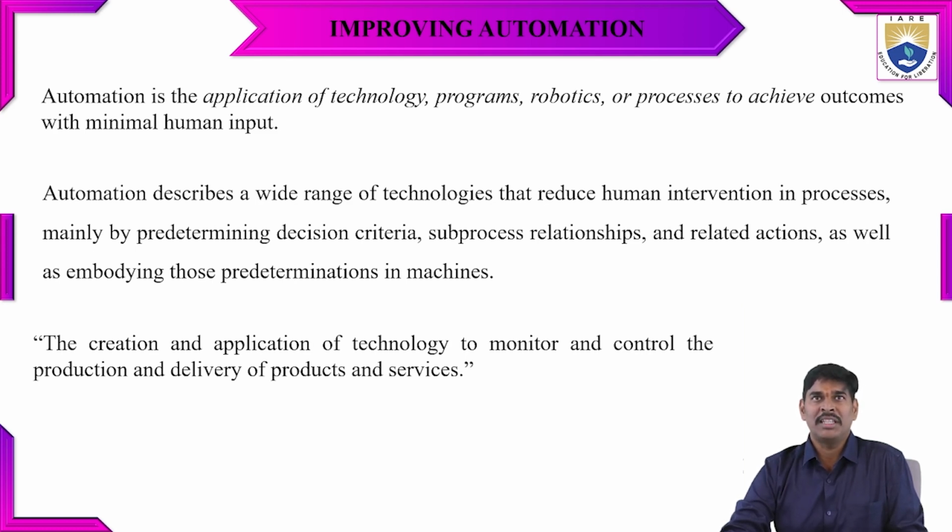Automation mainly varies the technologies and minimizes human interventions. How do they minimize human interventions in the process? Through predetermined decision criteria, sub-process relationships, related actions, and predeterminations in machines.